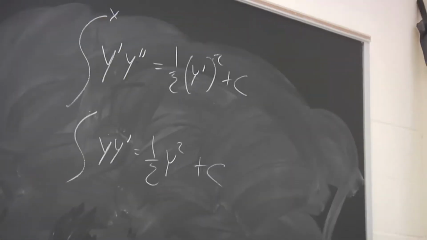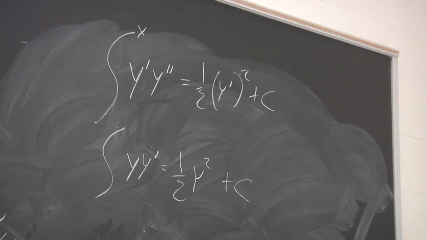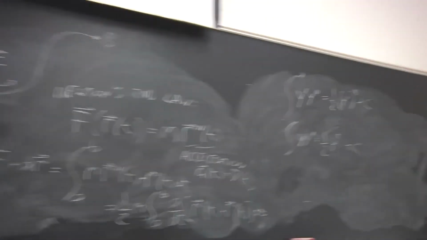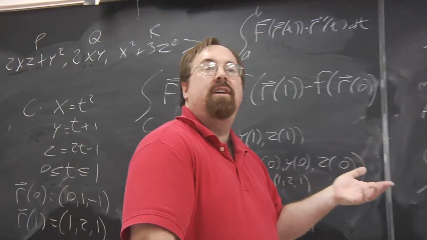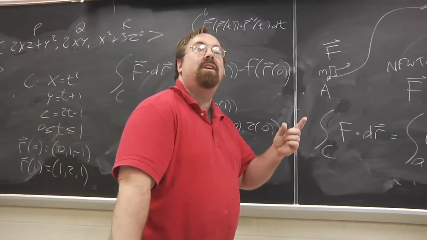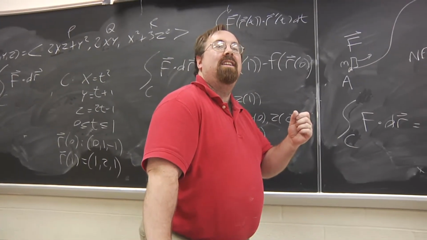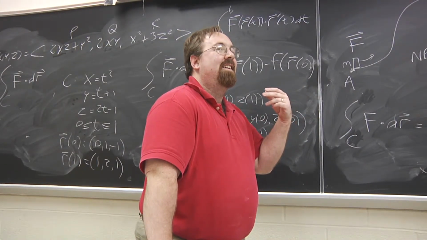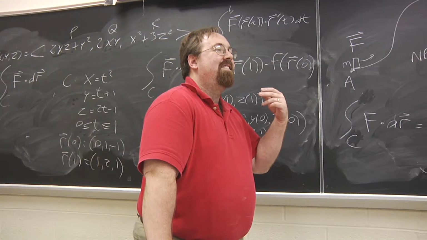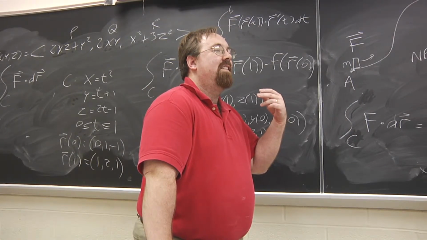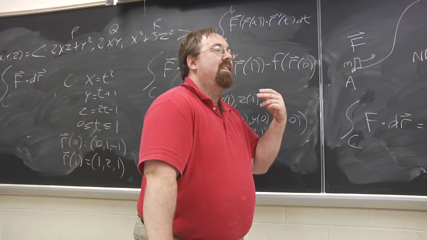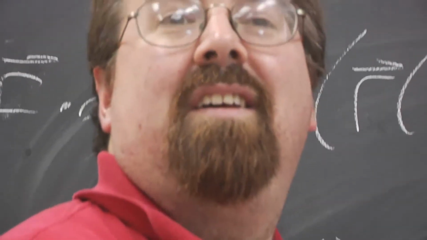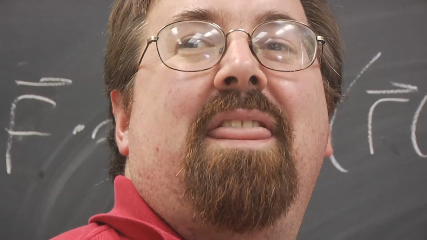But think back to last semester, or whenever you took Calc 3. What is the dot product of a vector with itself? Geometrically. The magnitude. Not exactly magnitude, but what?